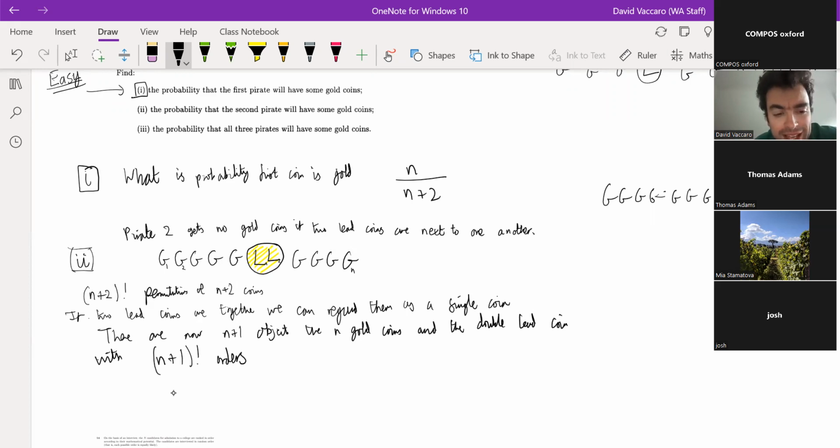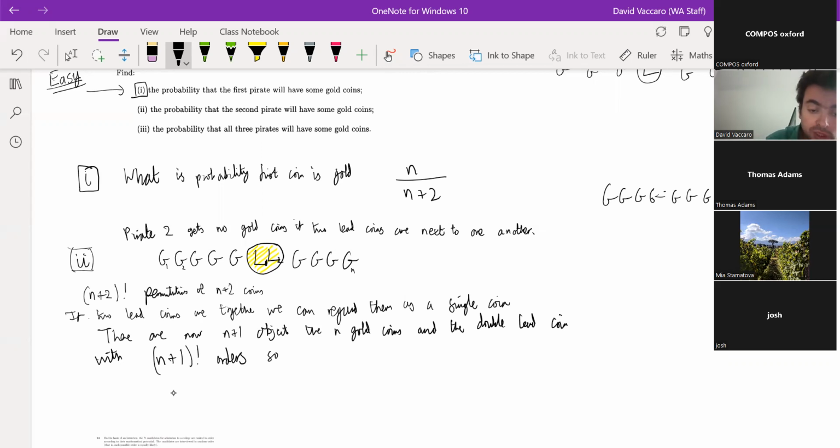But why isn't the answer for the number of ways that the 2 lead coins can be together n plus 1 factorial? What other choice do we have? We could also have the orders of the lead coins. The lead coins could go L1 then L2 or L2 then L1.